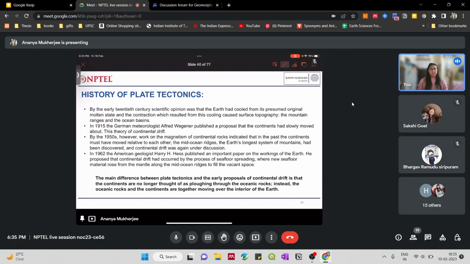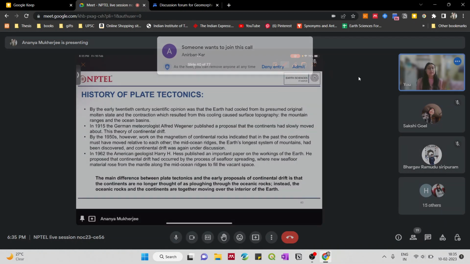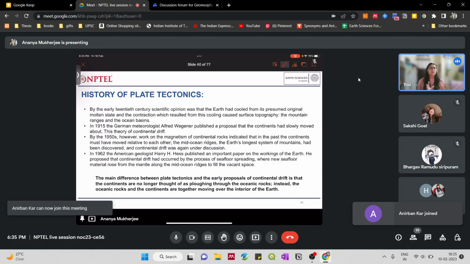While it was one of the breakthroughs in understanding the Earth's history, it really helped us in opening our eyes towards the fact that the earth is not a stationary system, it is moving. The earth's crust is breaking apart and joining at places.